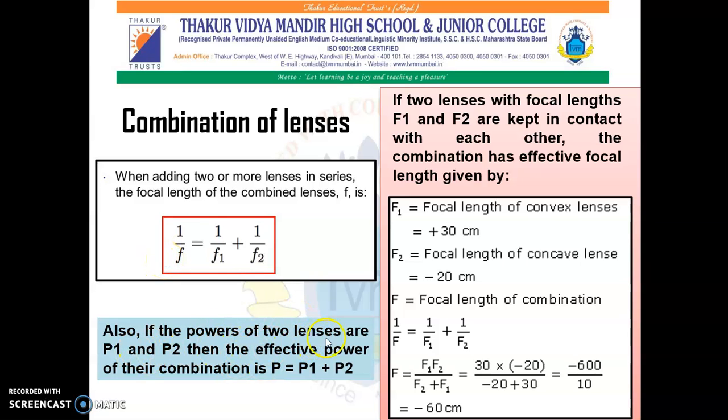Also, if the powers of two lenses are P1 and P2, then the effective power of their combination is the sum of both the powers, that is the final power will be equal to P1 + P2.